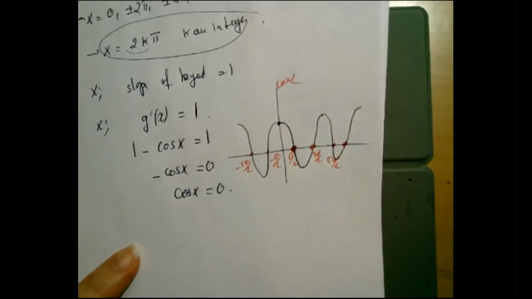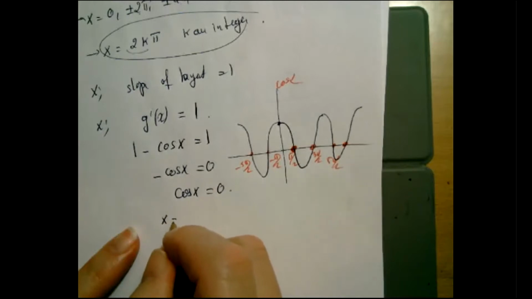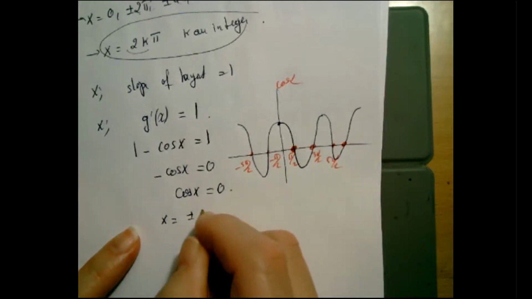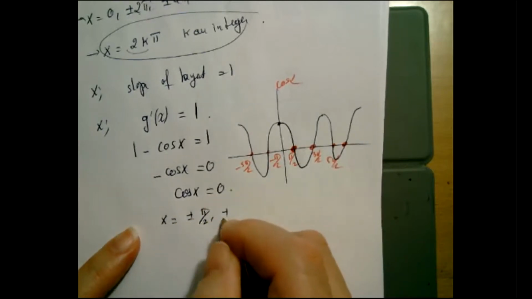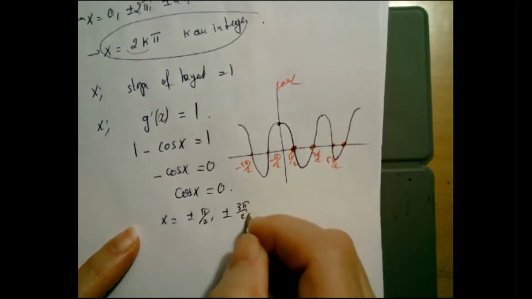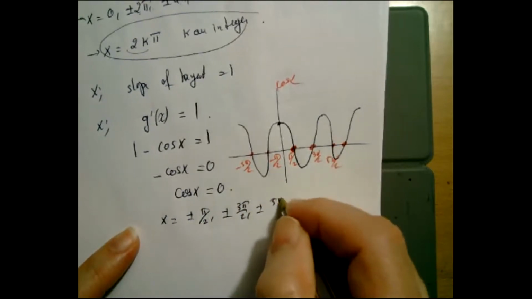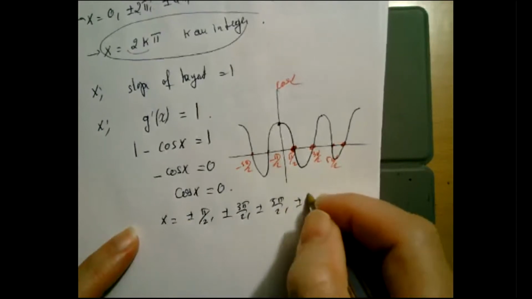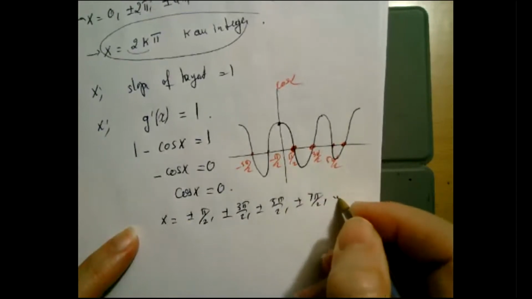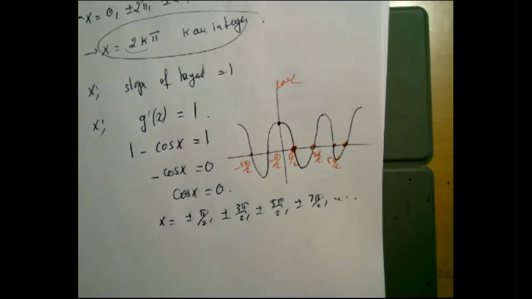So x is going to be plus or minus pi over 2, plus or minus 3 pi over 2, plus or minus 5 pi over 2, plus or minus 7 pi over 2, and so on. At those points, the slope is equal to 1.